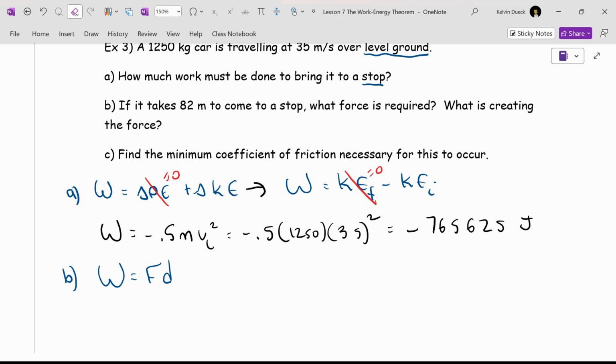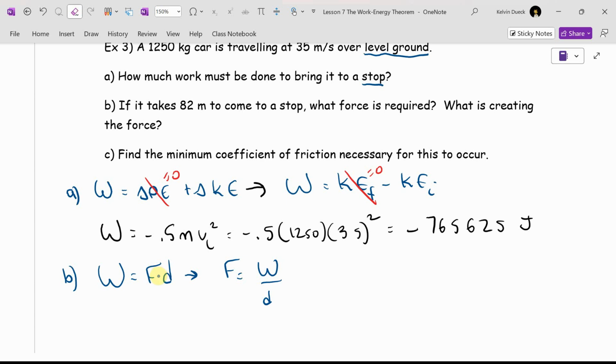Get the F by itself. By the way, I also said, what's creating the force? What force brings cars to stop?